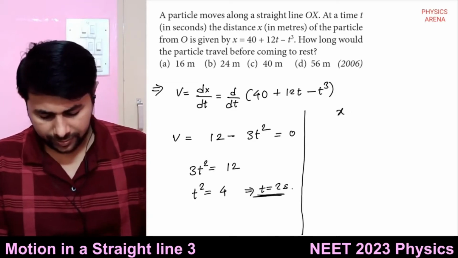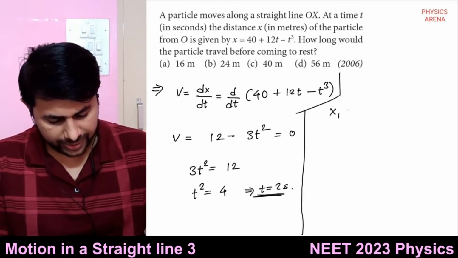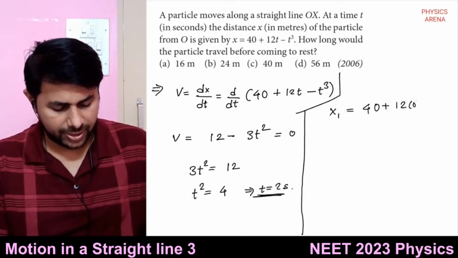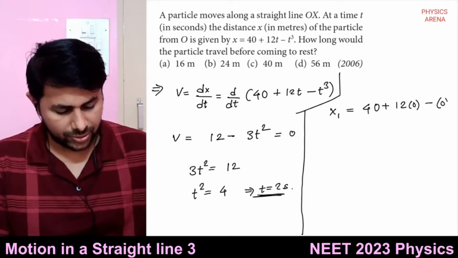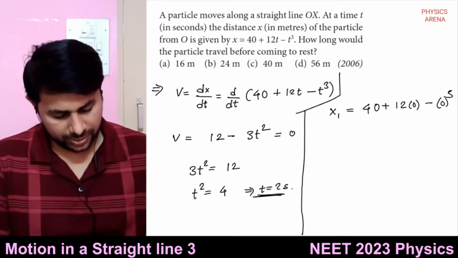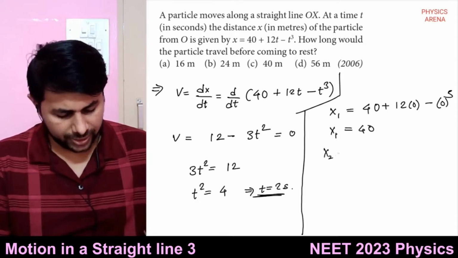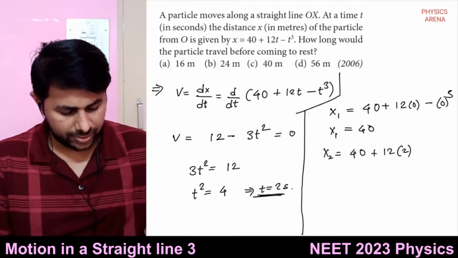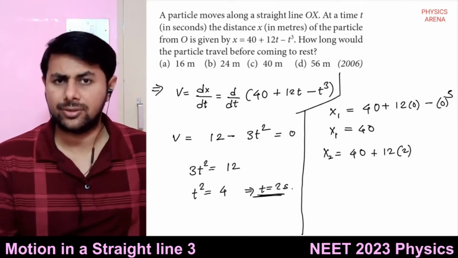So we can say x1 is equal to 40 plus 12 times 0, because initial time is 0, minus 0 cube. So that is 40. And x2 is equal to 40 plus 12 times 2 minus 2 cube, because the time when the velocity becomes 0 is 2 seconds.